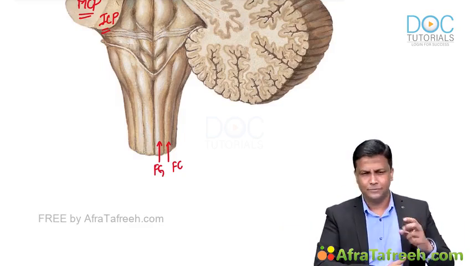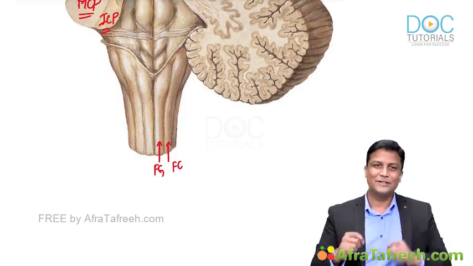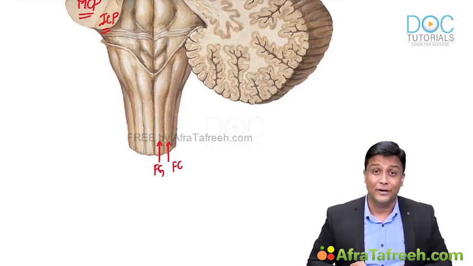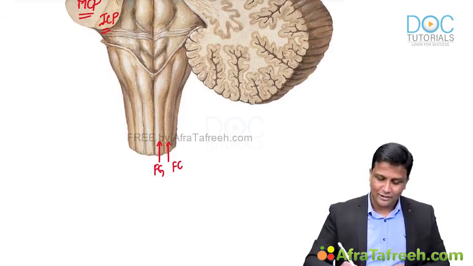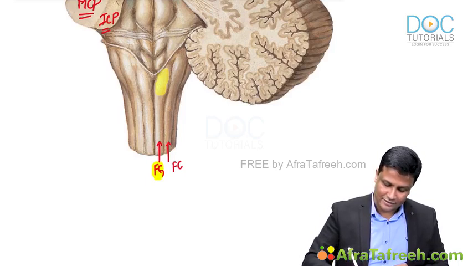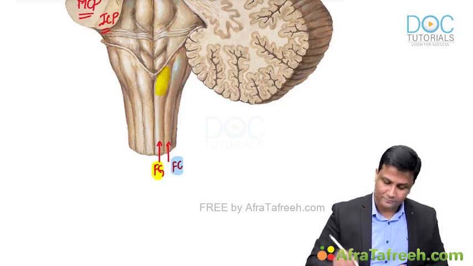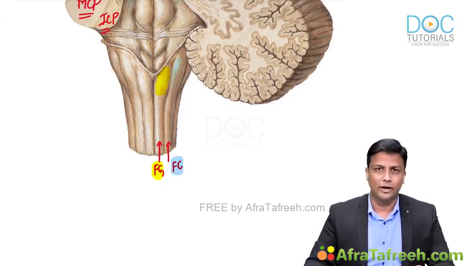And we have even learned, will they stop in the spinal cord? Absolutely no. The fibers of fasciculus gracilis and cuneatus will directly go and stop in medulla oblongata and in their respective nucleus. So I told you they will be stopping in their particular nucleus: fasciculus gracilis will be ending in the nucleus gracilis, and fasciculus cuneatus will be ending in the cuneate nucleus, and those two nuclei are present in the medulla oblongata.